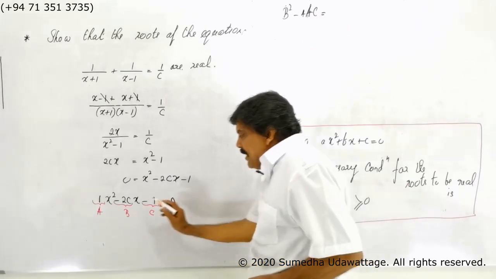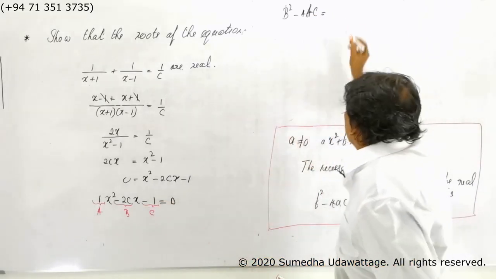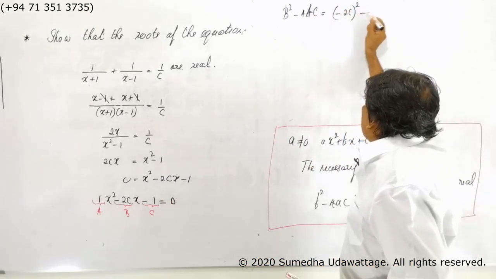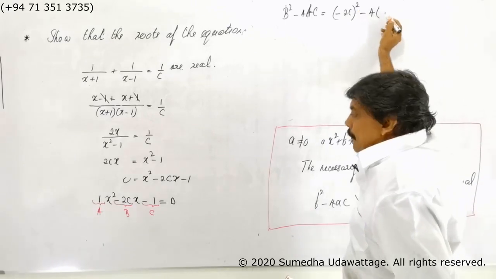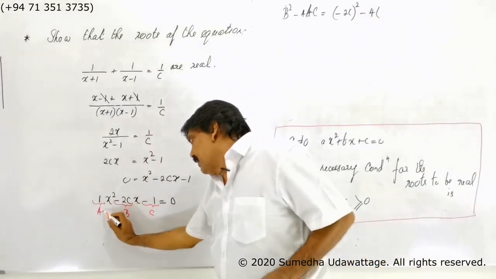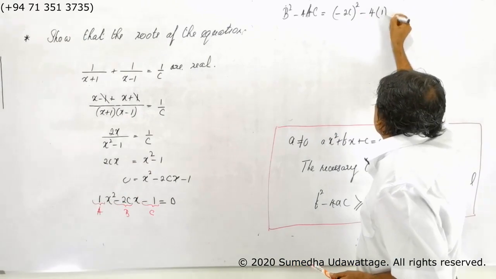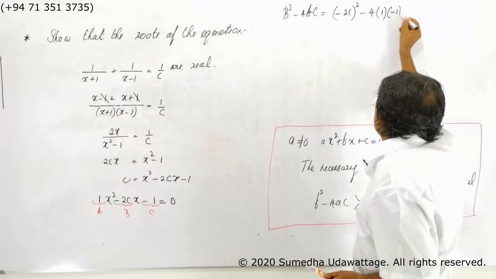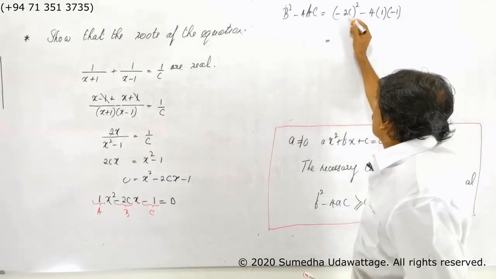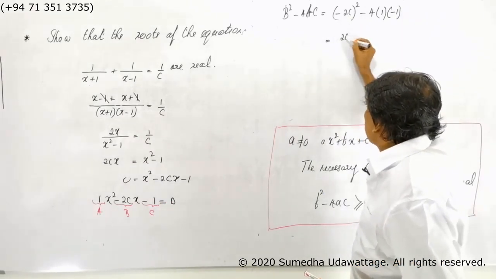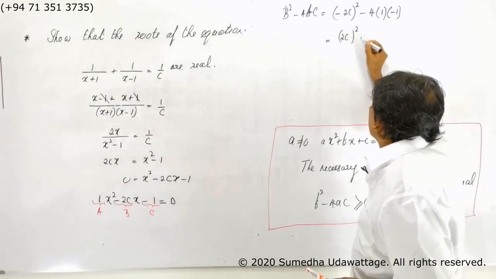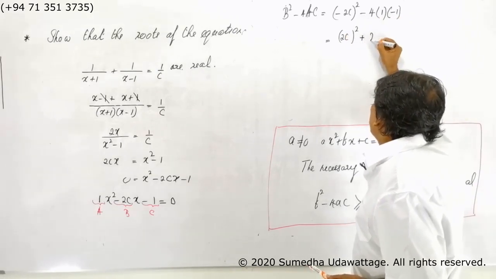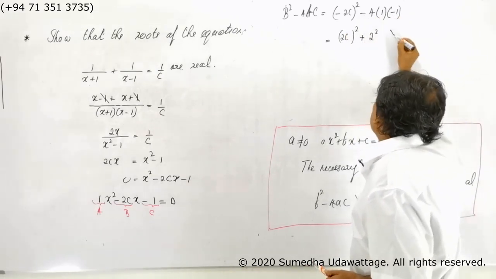Look here, b is minus 2c, squared, minus 4 times a, which is 1, and c is minus 1. This becomes minus 2c squared, which is the same as 2c squared. Minus into minus is plus, plus 4. 4 could be written as 2 square. It is larger than 0.